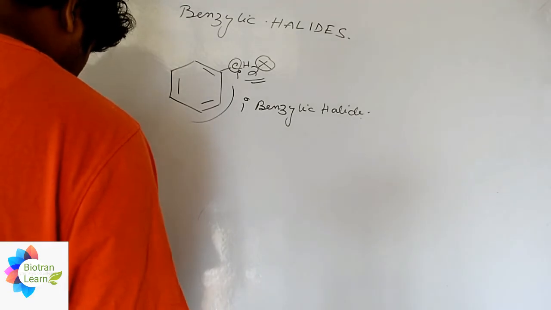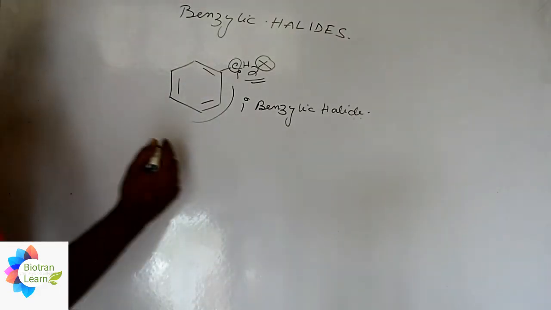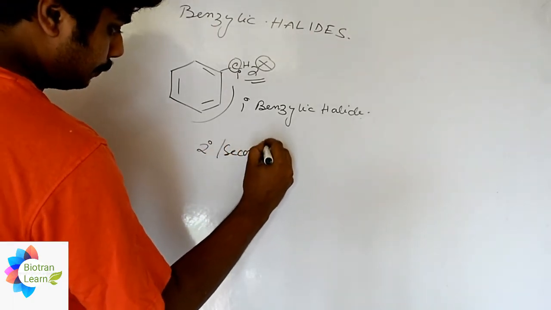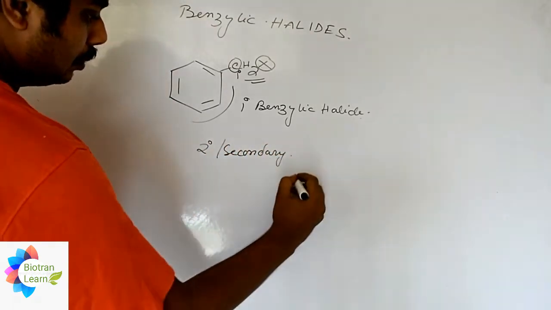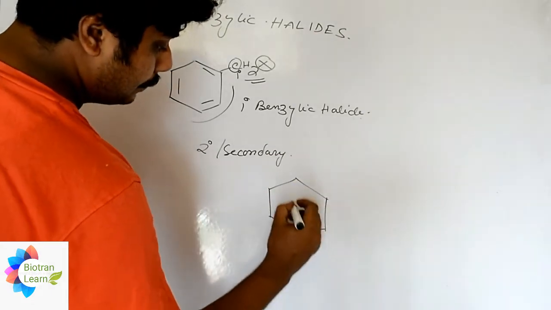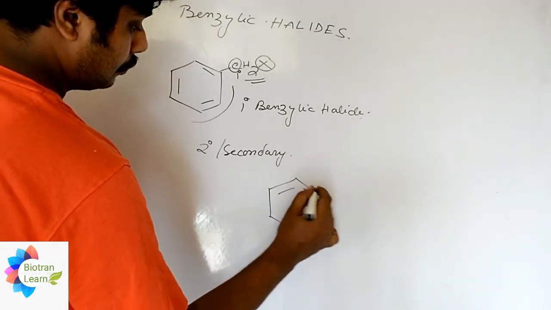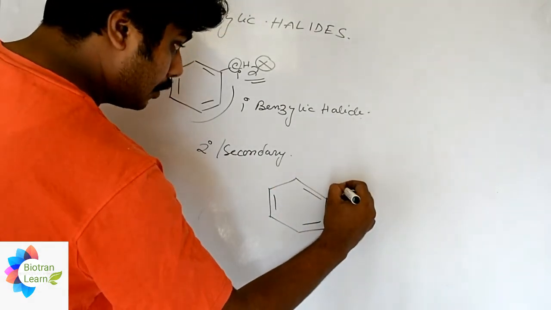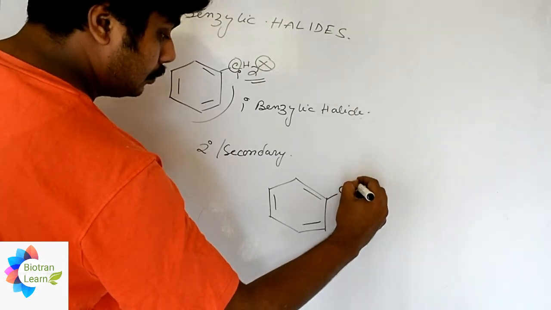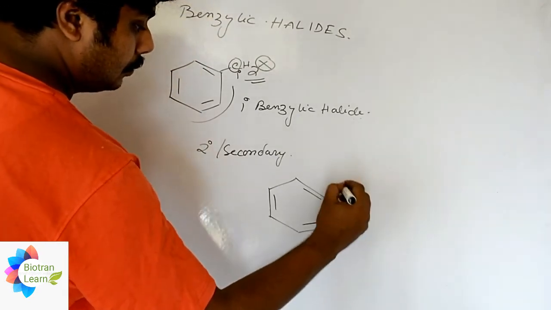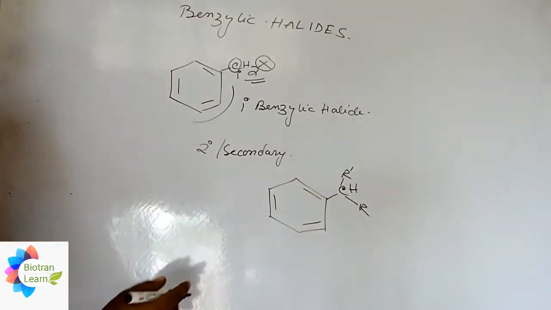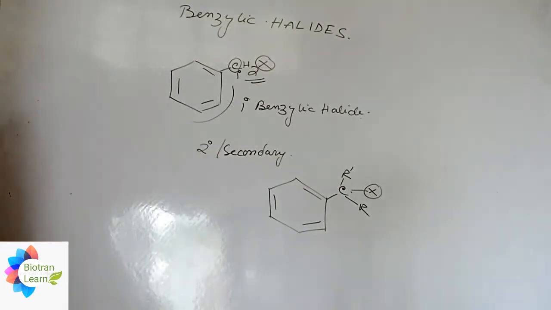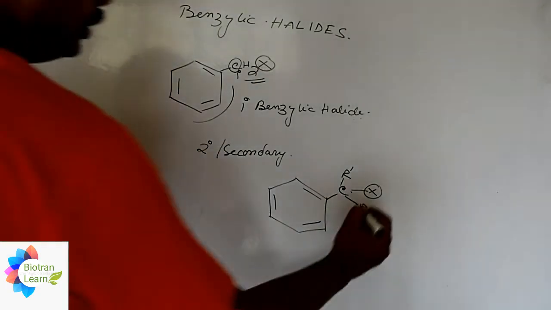Then we can have a 2 degree structure associated to here. Then 2 degree or secondary structure, in this case the hydrogen will be replaced by a particular halogen in here, right?